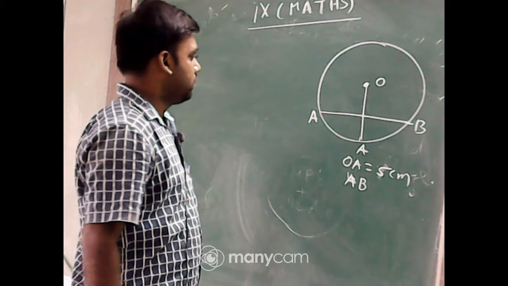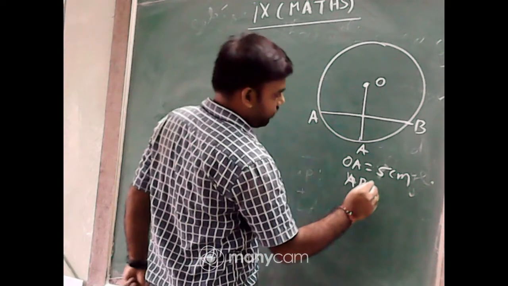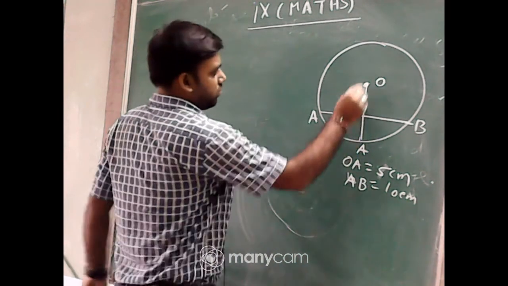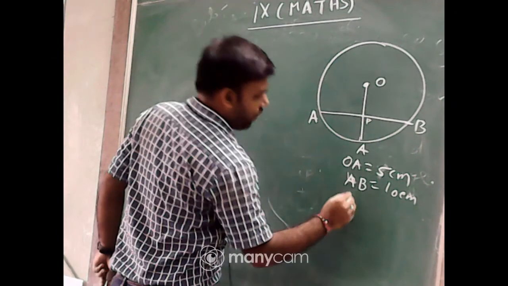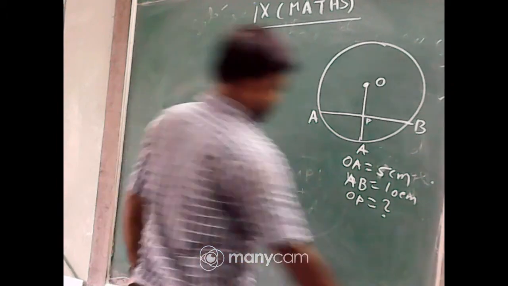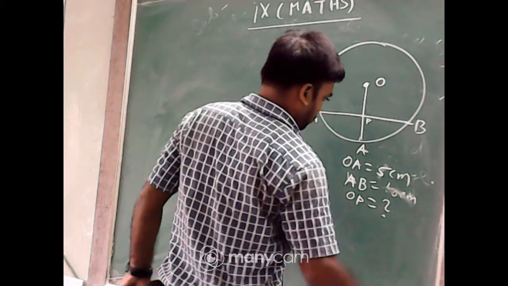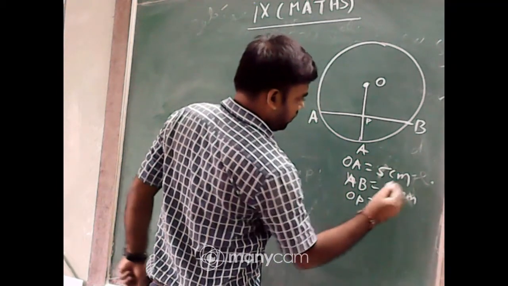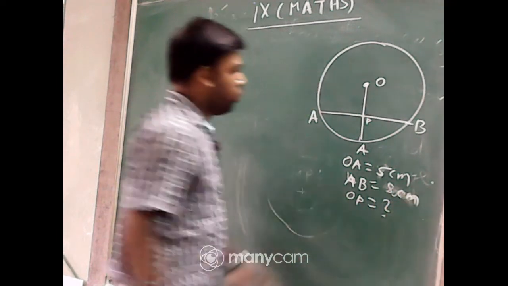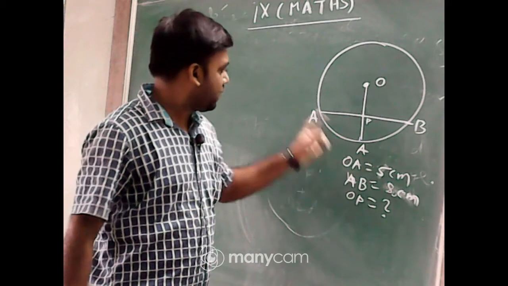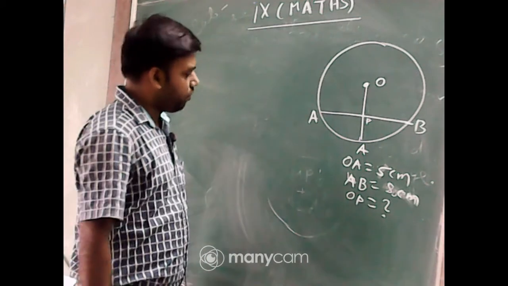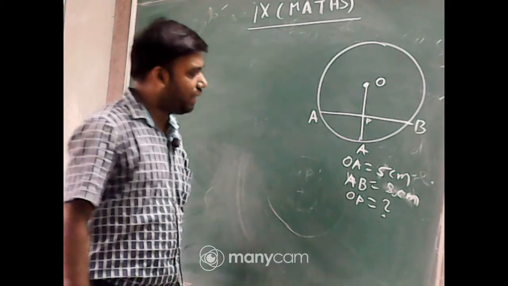AB is given, that is 10 centimeter. Find OP. Okay, OA equal to 5 centimeter, AB equal to 8 centimeter. Find the length OP.